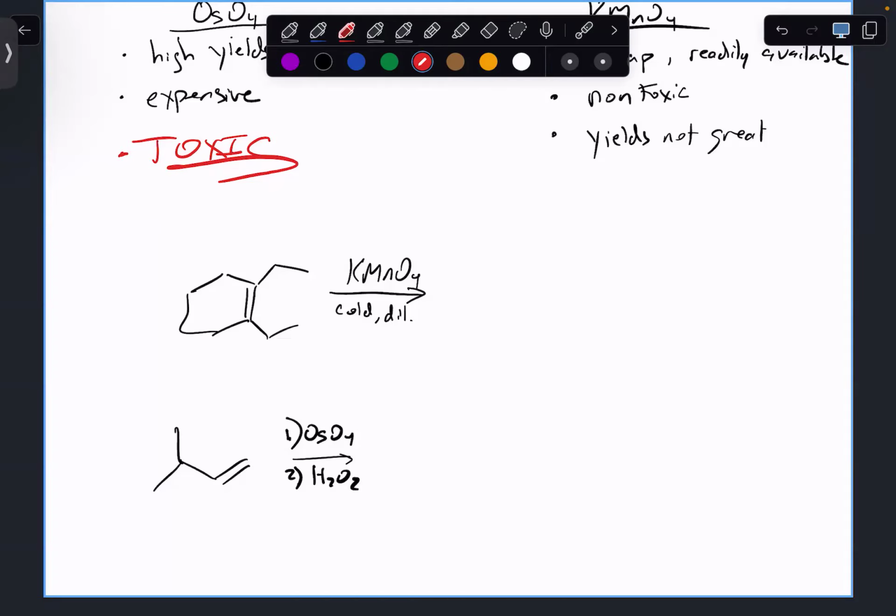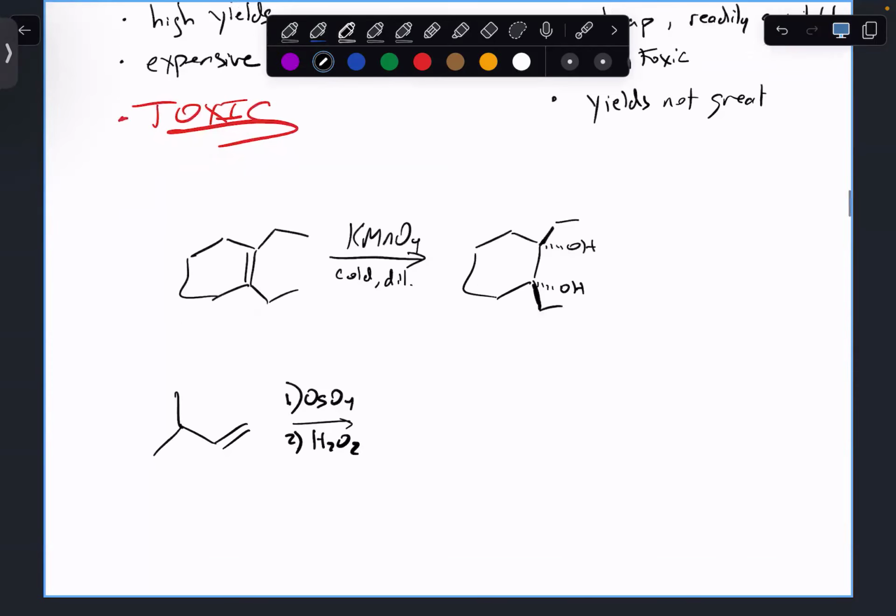So in the first example, you get that? Second example, do the exact same thing. Put an OH group everywhere you have where the double bond carbons are.